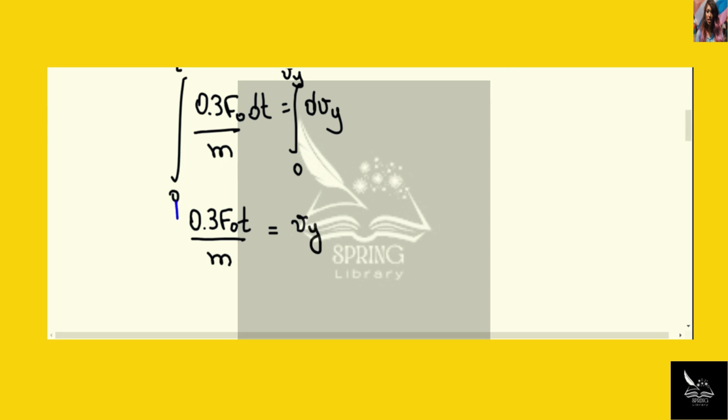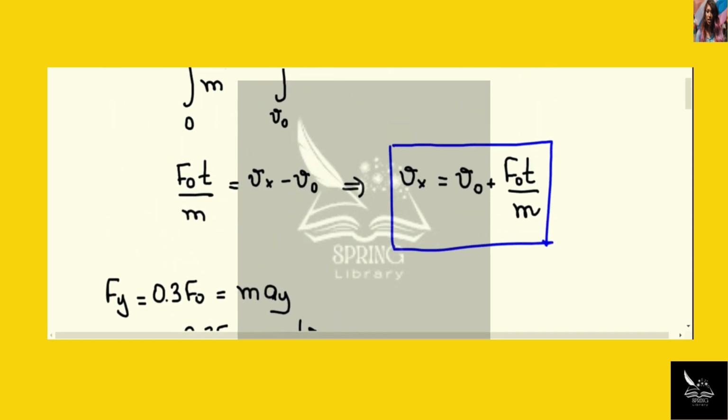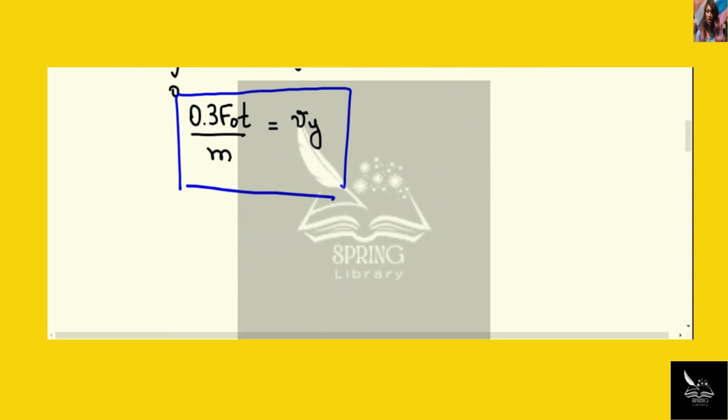We can use the two equations, one for vx and the other for vy, in order to find the speed at any time. Remember that the speed is equal to the square root of vy squared plus vx squared.